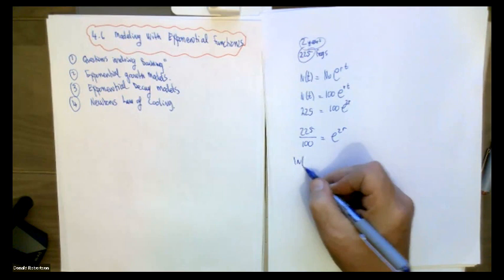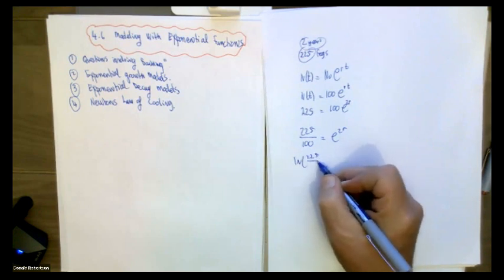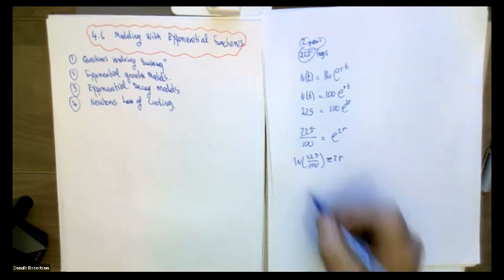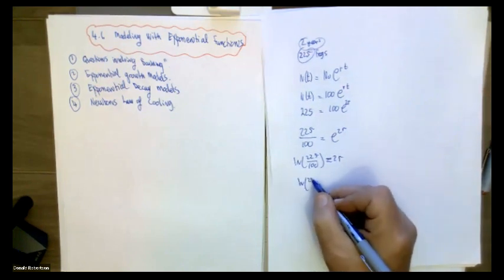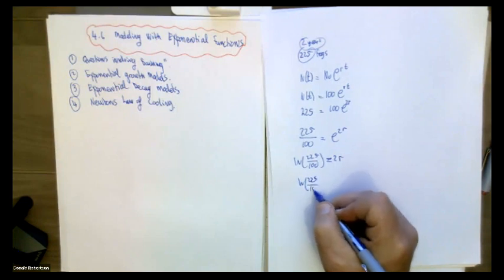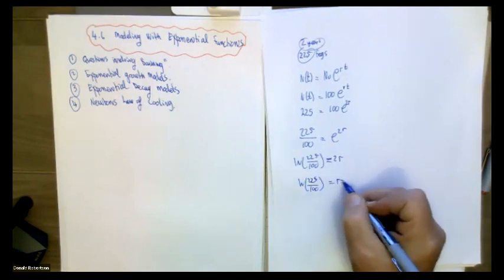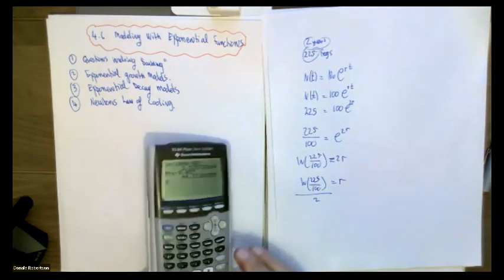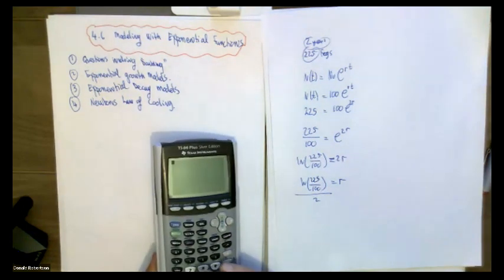I take the natural log of both sides. And the natural log of e to the 2r is 2r. I will then divide both sides by 2 to get r. And on my calculator, we get the natural log of 225 divided by 100, which is that, divided by 2.